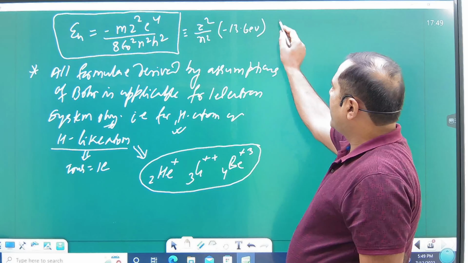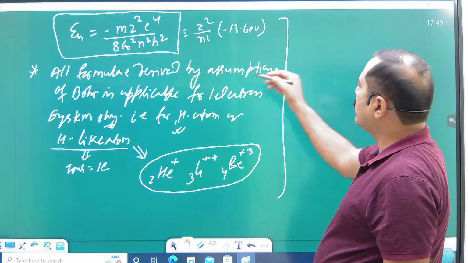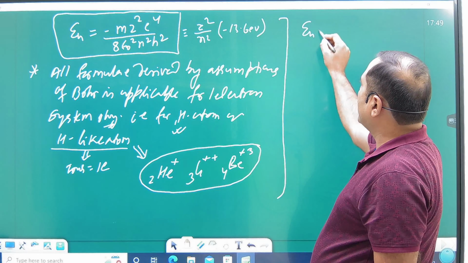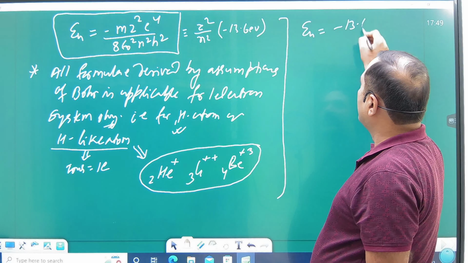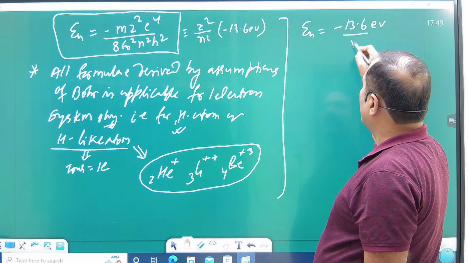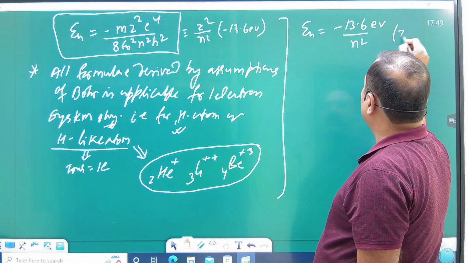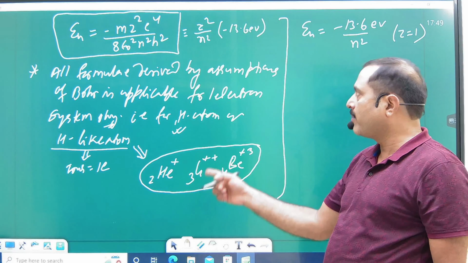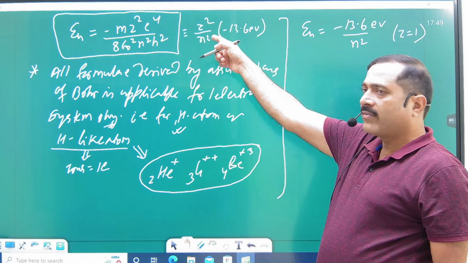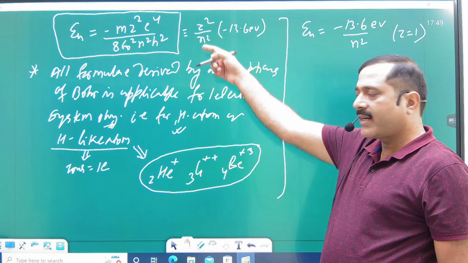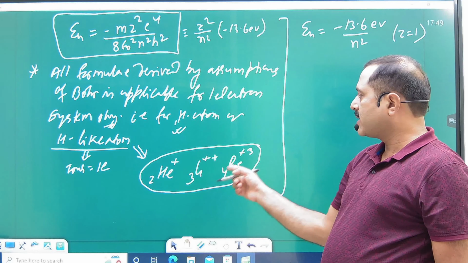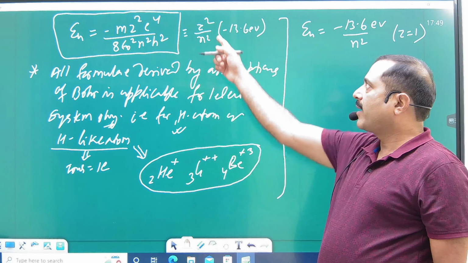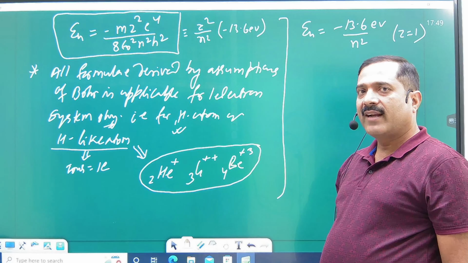In the case of hydrogen, the formula reduces to the energy of the nth orbit equal to minus 13.6 electron volt by n squared, because Z is equal to 1. For helium, the value Z equal to 2 must be used. For Li plus plus and Be plus plus plus, the value of Z will be 3 and 4 respectively.